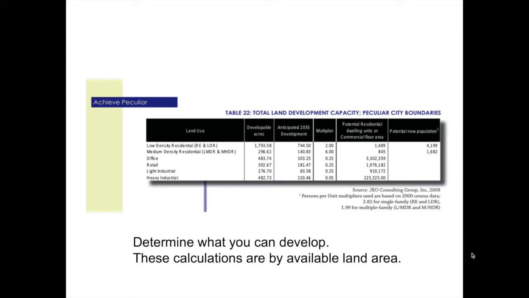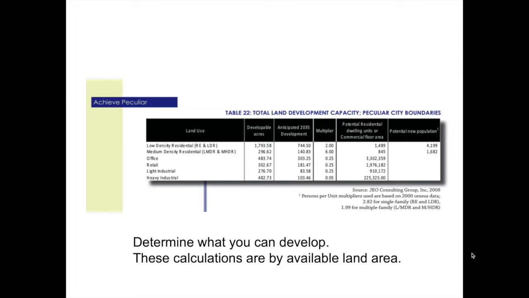for the percentage or how many acres of those are going to be low density residential, medium density residential, office, retail, light industrial. They then determine potential residential dwelling units or commercial floor area based on that anticipated development and project a potential new population.